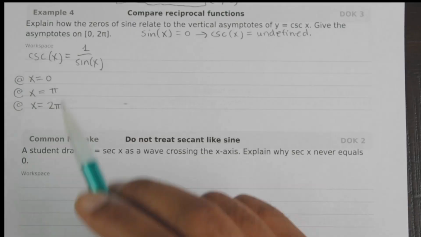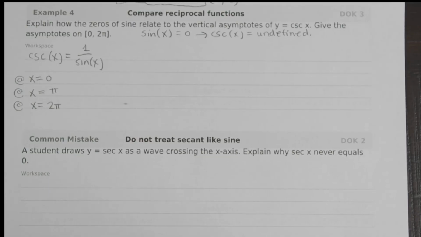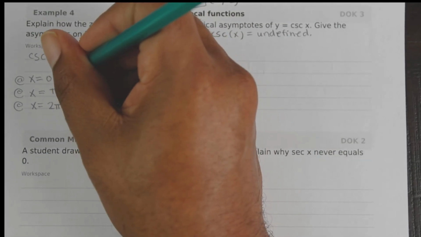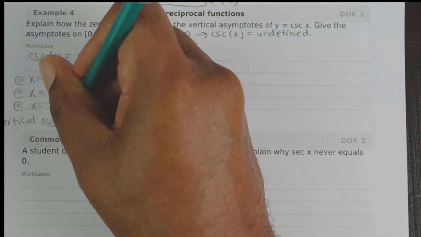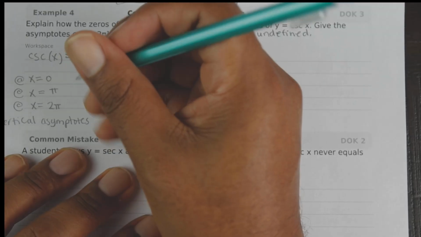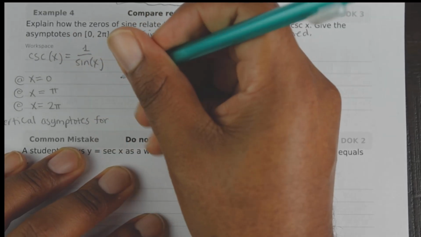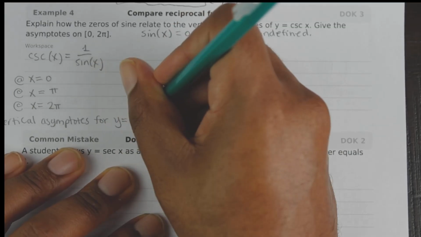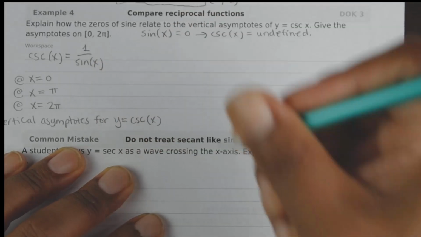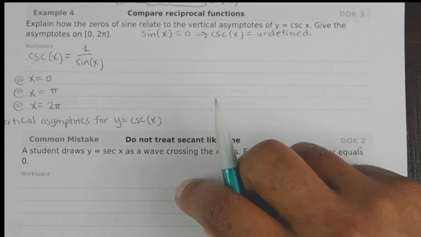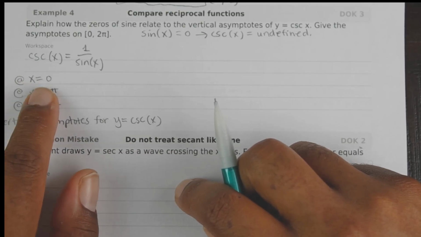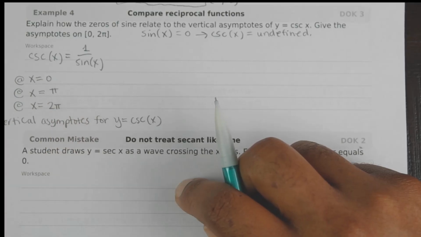Now, in terms of the reciprocal, these become the vertical asymptotes for y equals cosecant of x. So again, x equals 0, x equals pi, x equals 2 pi.